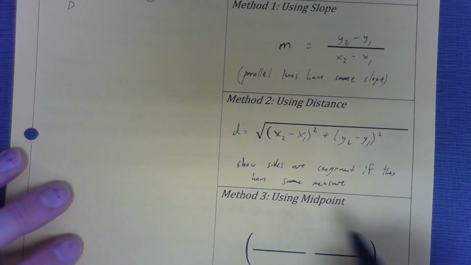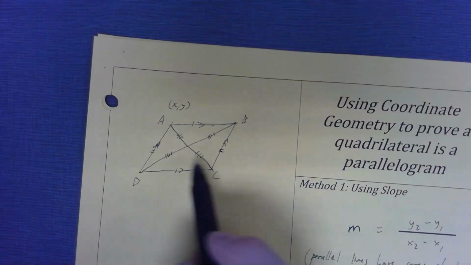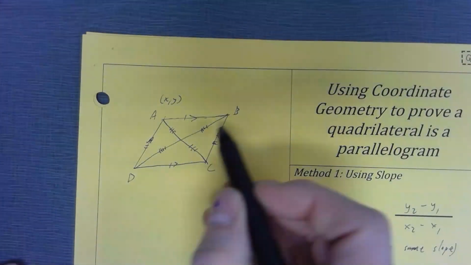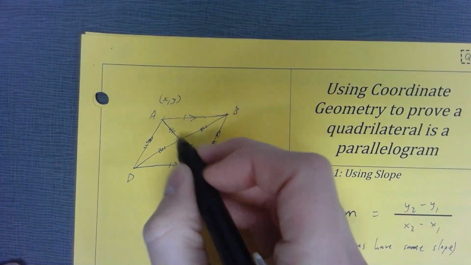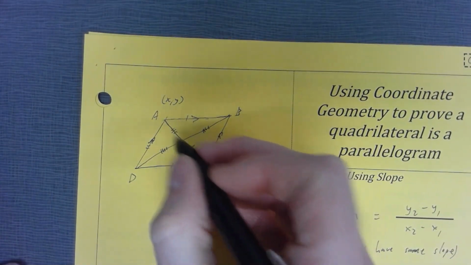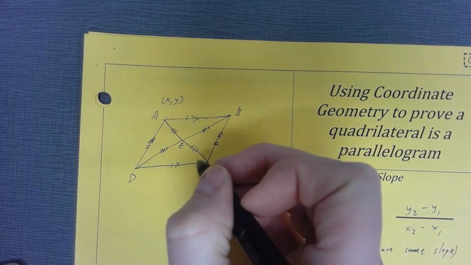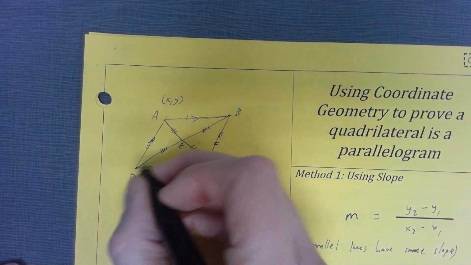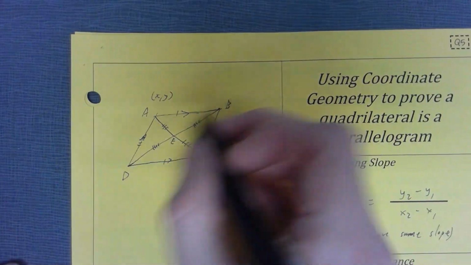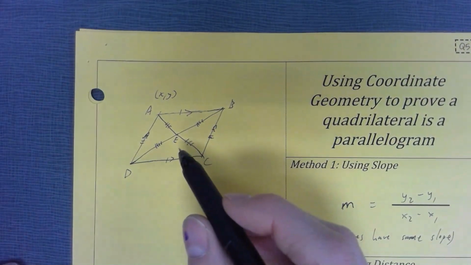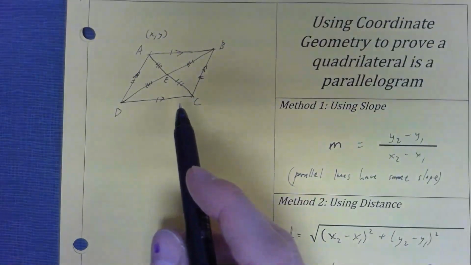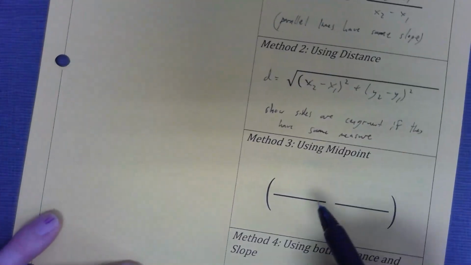And then the third way to show that this is a parallelogram is if the diagonals bisect each other. Not only are the two lengths congruent, and you could use the distance formula to find that those are the same, but you could also show that the opposite vertices have the same midpoint. If you can show that, then it would have to be a parallelogram. So we can use the midpoint.